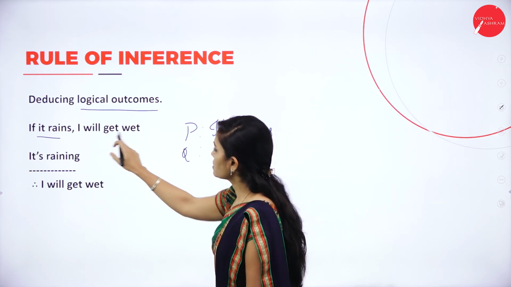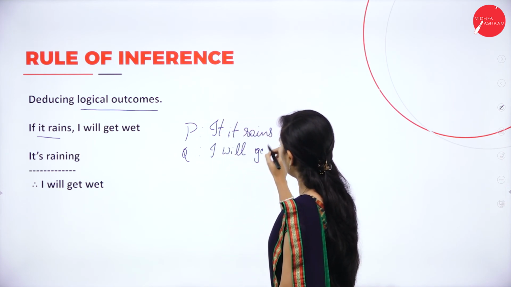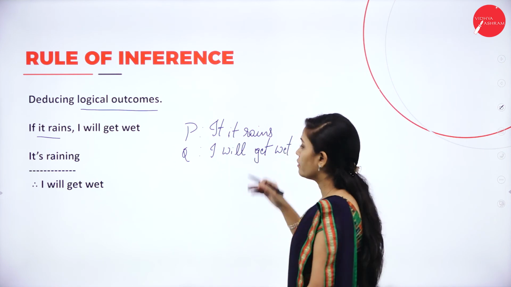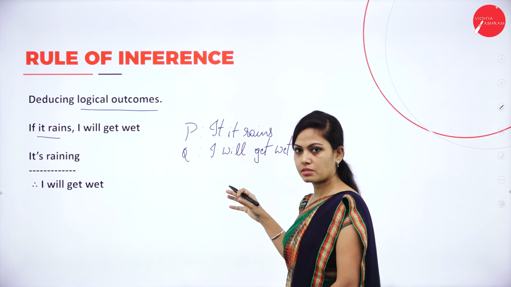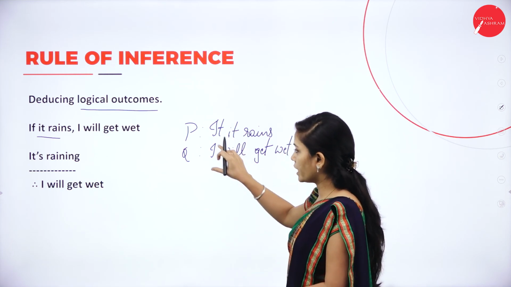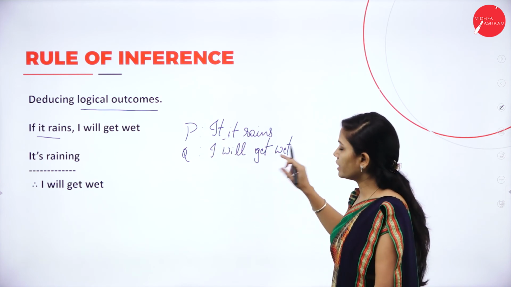The Q statement is: I will get wet. I have two statements. With the help of these two premises, I can get the valid argument, right?